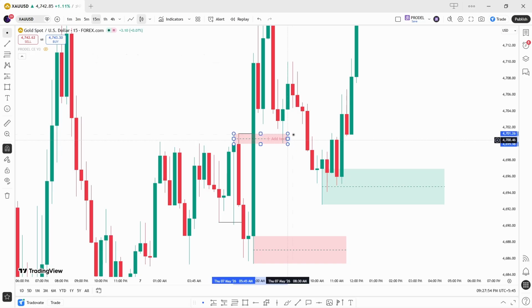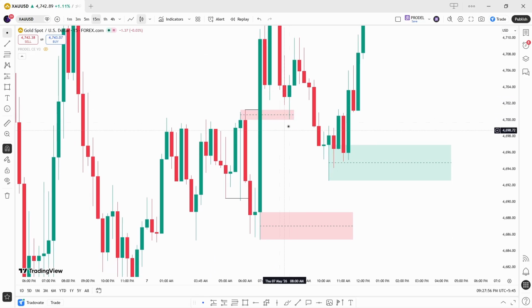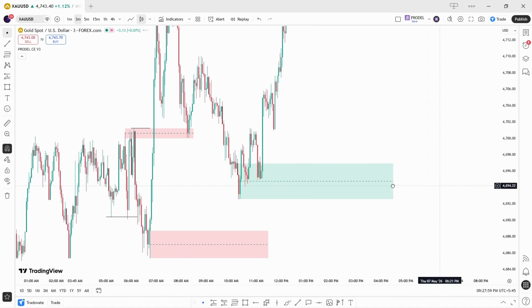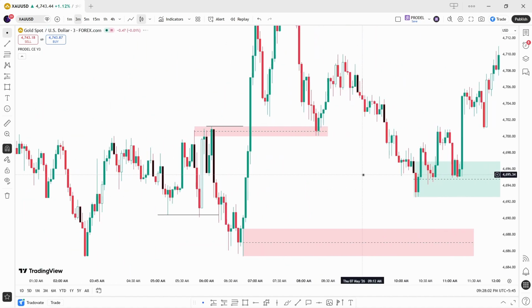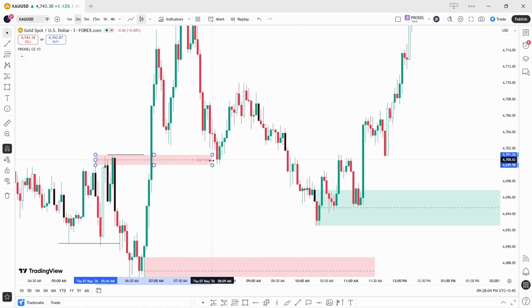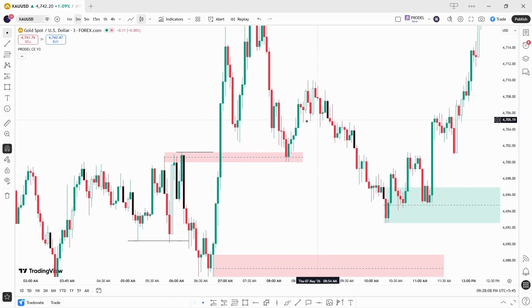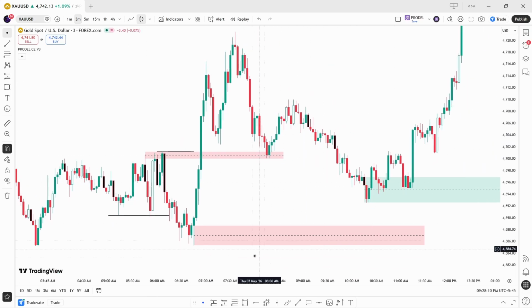Like this, and the market tapped into this level, and then I went to the 3-minute time frame, and there you can see there forms the white candle.